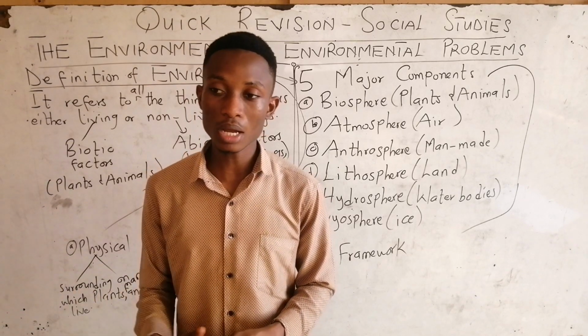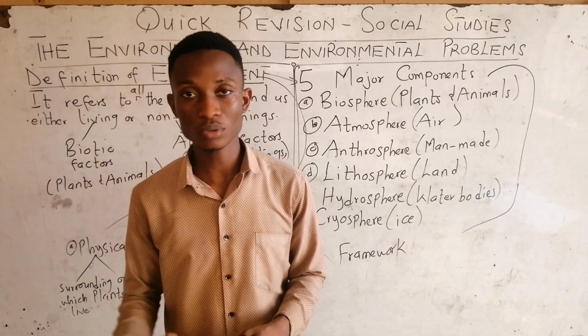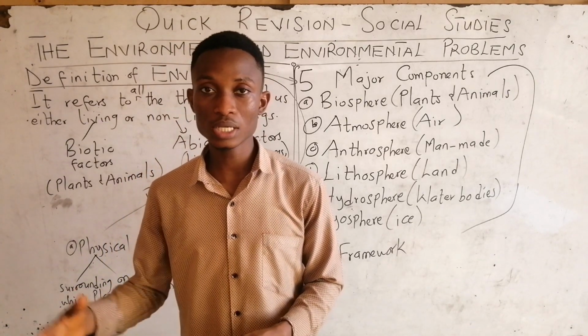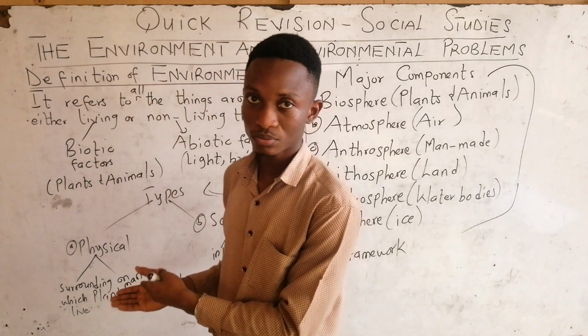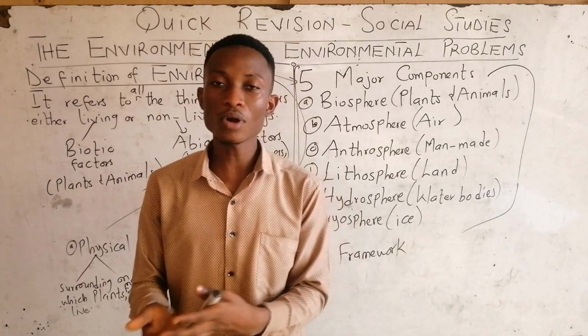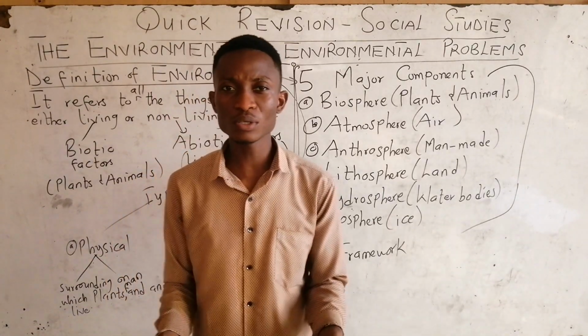We can also talk about agriculture. Now, agriculture is the occupation. Now, physical, rainfall. So rainfall affects agriculture positively or negatively. Positively in what sense?